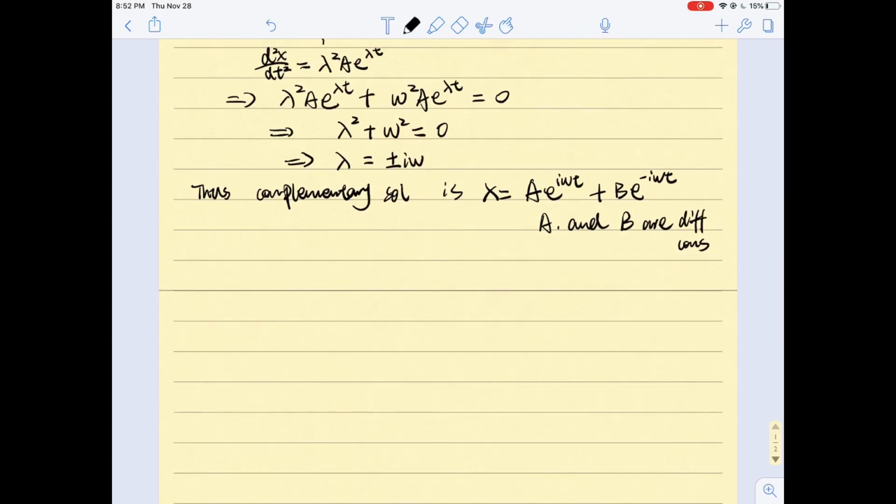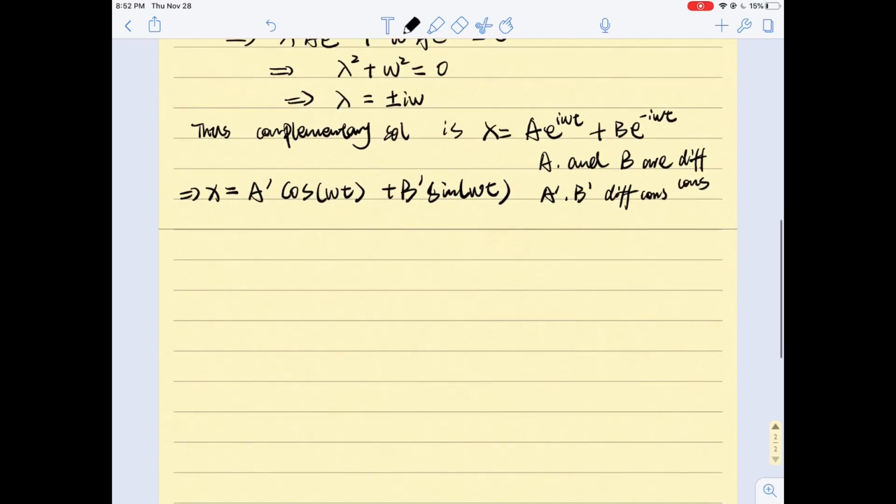Then we can use the exponential representation of sine and cosine. It can be expressed as x equals A prime cosine omega t plus B prime sine omega t, where A prime and B prime are also different constants.